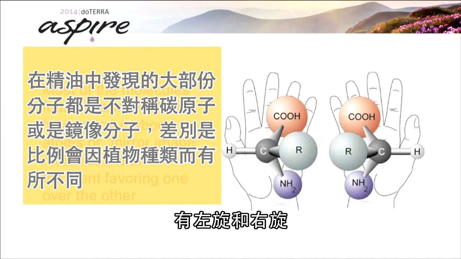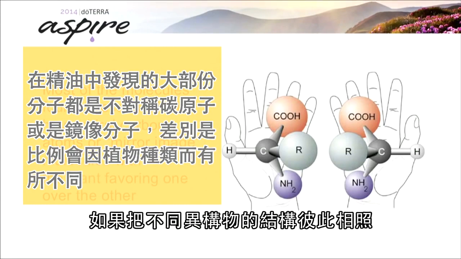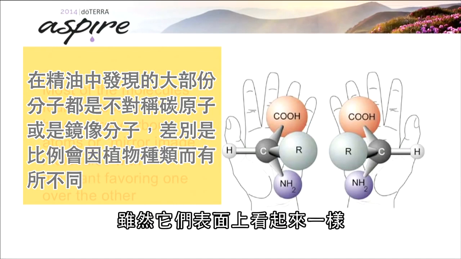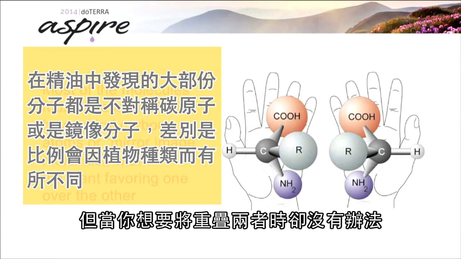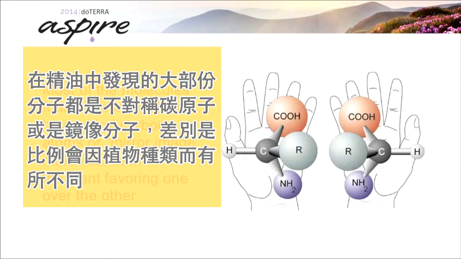There's the left-hand form and the right-hand form. And these are called enantiomers. If you hold the structures of the different enantiomers up to one another, you'd see that they are mirror images. And even though they look the same on the surface, when you try to superimpose one on the other, just as you can't superimpose your right hand on your left hand, they're actually different molecules.